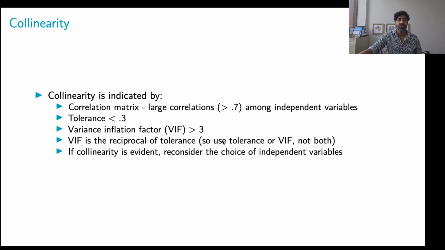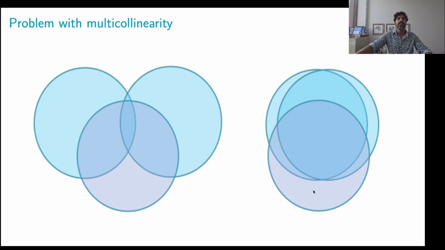So use tolerance or VIF, but not both. They're essentially the same, right? It's just the reciprocal of one another. If collinearity is evident, reconsider the choice of independent variables if you don't have a sufficient theoretical rationale for their inclusion and you're having trouble interpreting the estimates.